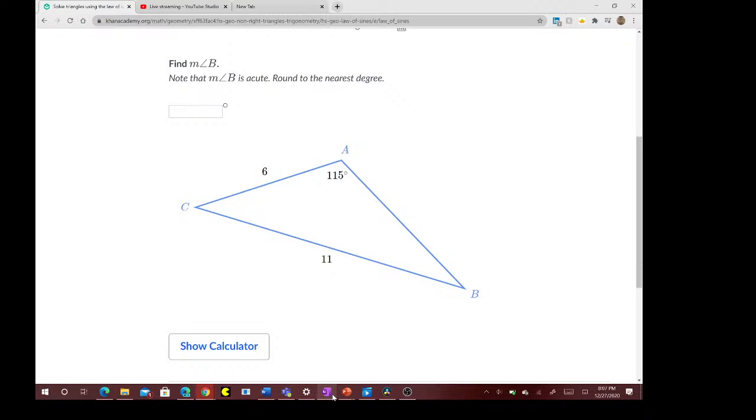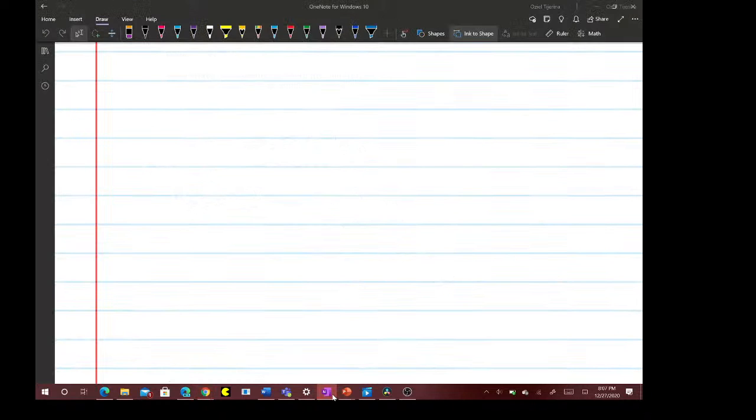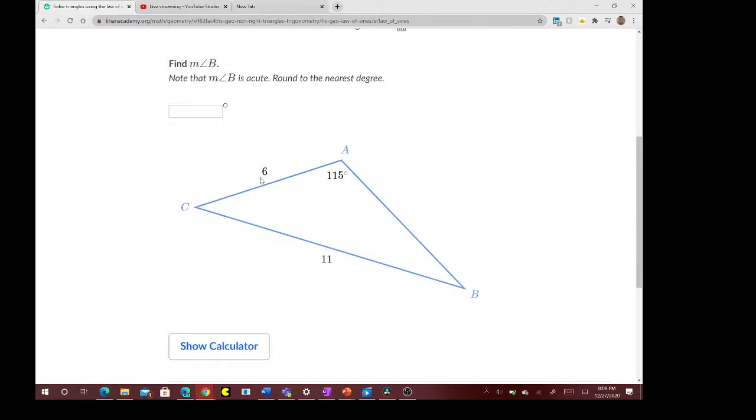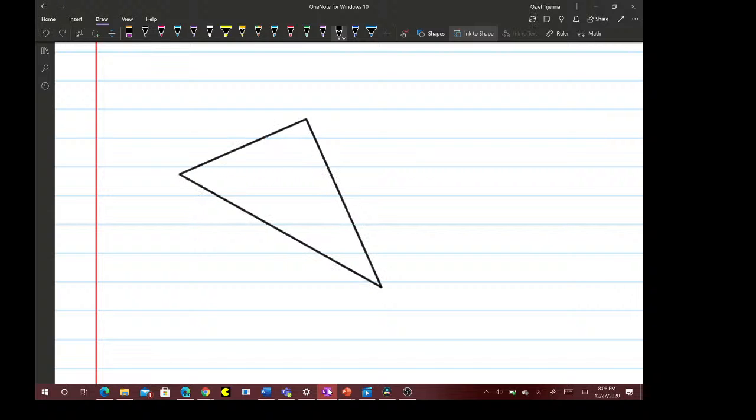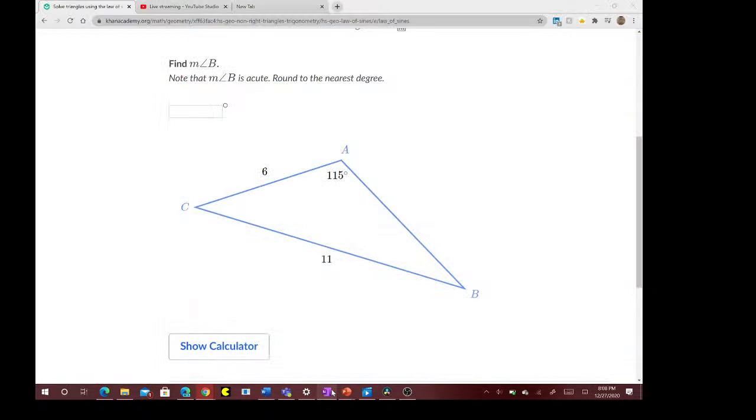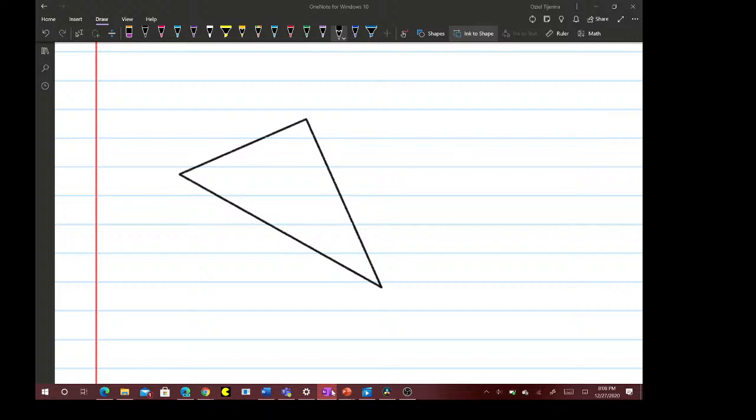This first one here says find the measure of angle B. So if we make a copy of this, and it doesn't have to be perfect, we go ahead and put this here.